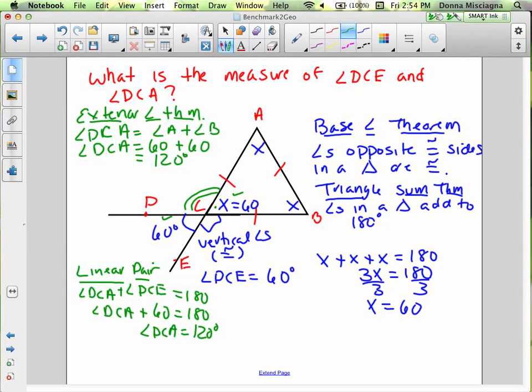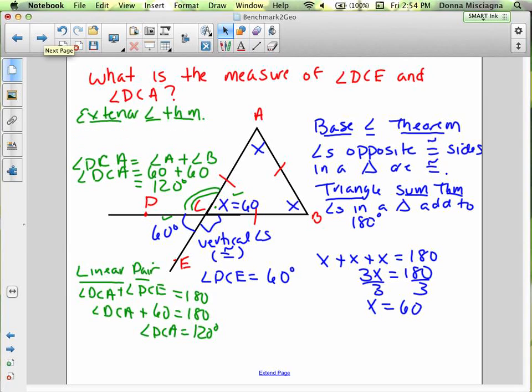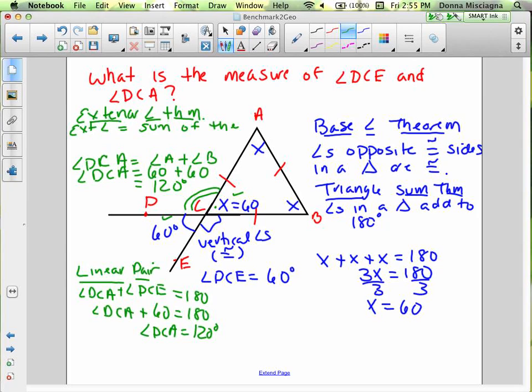Remember, base angle theorem tells you that angles opposite congruent sides in a triangle are congruent, and it does work the other way. Remember that the angles in a triangle add to 180. And then remember exterior angle theorem: the exterior angle equals the sum of the two remote interior angles.